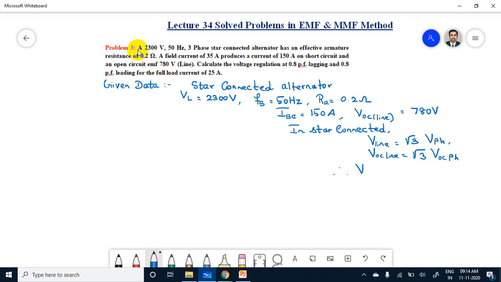Therefore VOC phase equals VOC line divided by root 3, which is 780 divided by root 3.